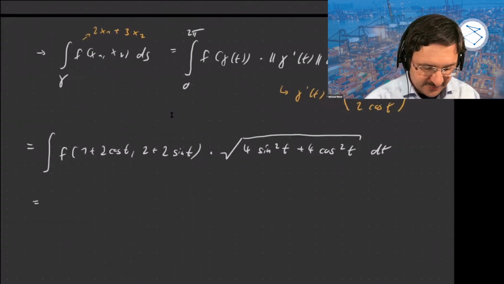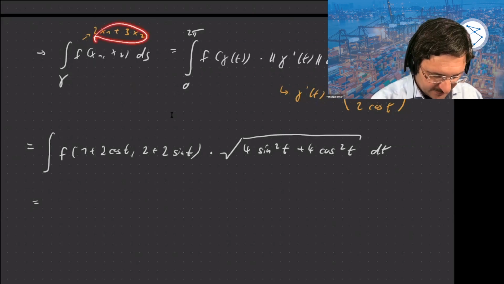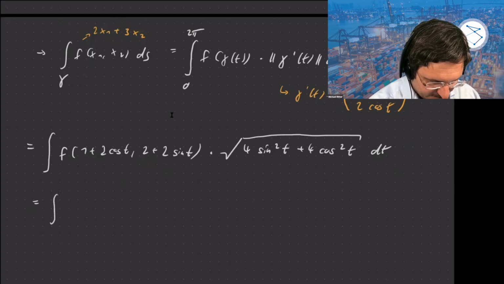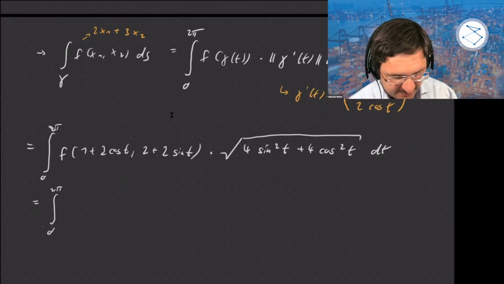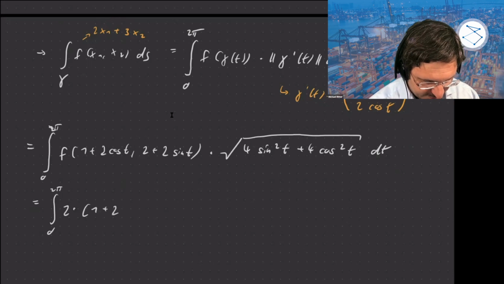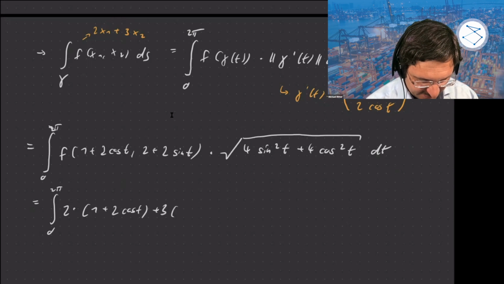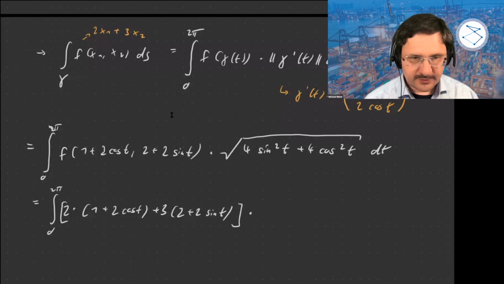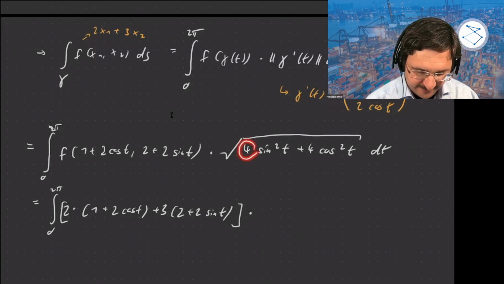Now let's use the definition of f here to compute that value. So what we get is simply the integral, this boundary, sorry, 0 to 2 pi. So we get the integral of 2 times the first coordinate, 1 plus 2 cosine of t, plus 3 times the second coordinate, 2 plus 2 sine of t, times, and for that square root, we have the factor 4 that we can factor out.